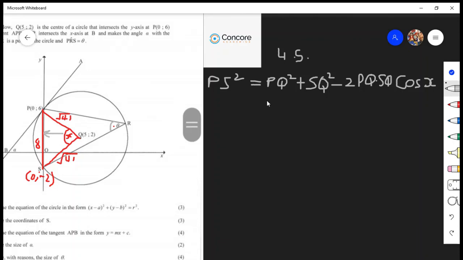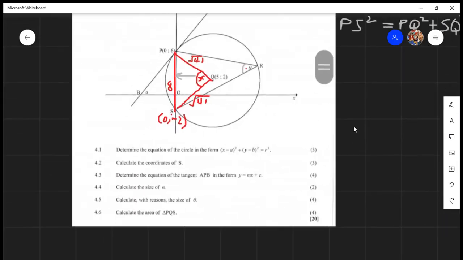Okay. Is there anyone who doesn't understand what's going on, or anyone who needs an explanation before we continue? The question just says, calculate the size of theta.